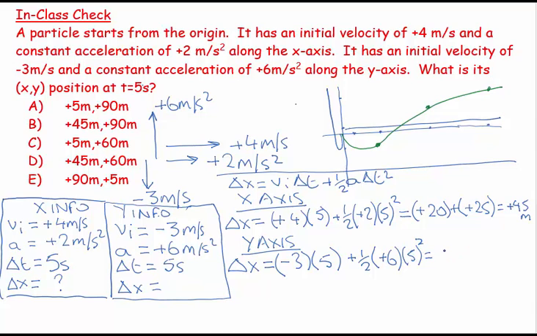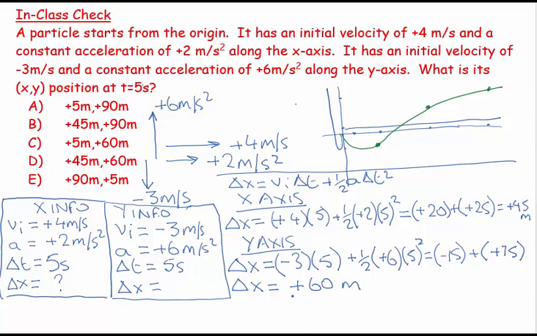That's going to be minus 15 plus 3 times 25, which is 75. Let me be a bit careful here. So that means that delta x is going to equal minus 15 plus 75, which is plus 60 meters.